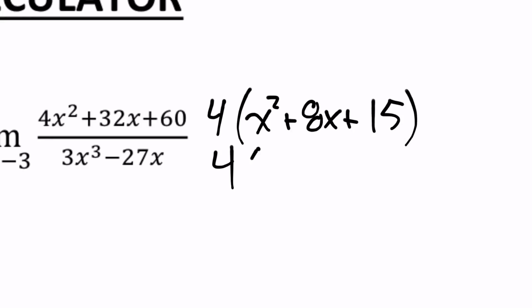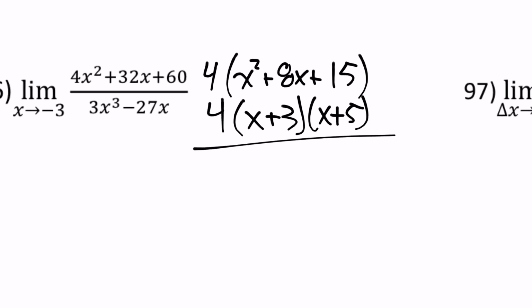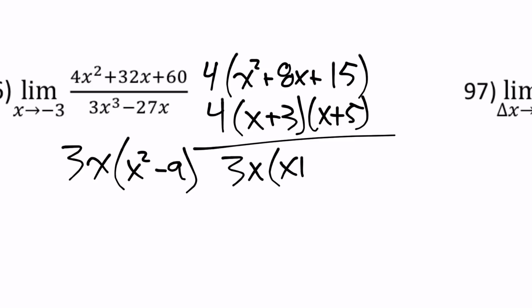So then you'd factor that again. 4 times x plus 3 times x plus 5 over 3x cubed minus 27x. Well, you'd pull a 3x out is what you should pull out. Pull a 3x out, what's left? x squared minus 9, which means this denominator is really 3x times x plus 3 times x minus 3.